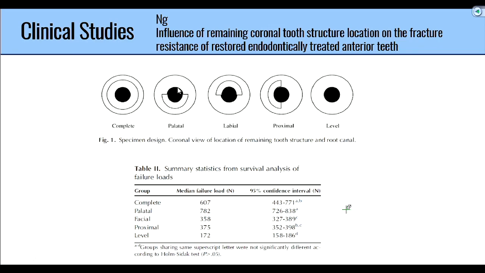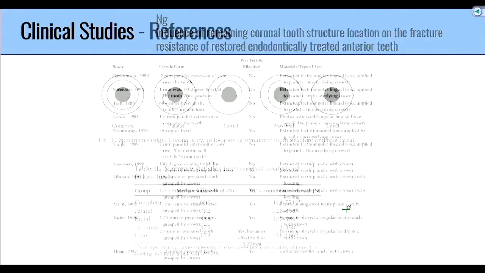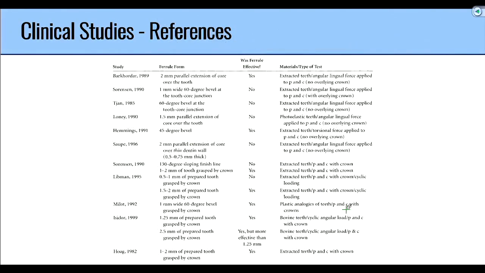And what they found was that the lingual wall is the most critical wall, and this really applies to maxillary anterior teeth. Because let's think about the direction of force that you apply when you bite down. The lower tooth is going to hit on the lingual side of that maxillary anterior tooth, and it's going to want to dislodge it, so that your lingual wall there is the wall that helps prevent that dislodgement force.